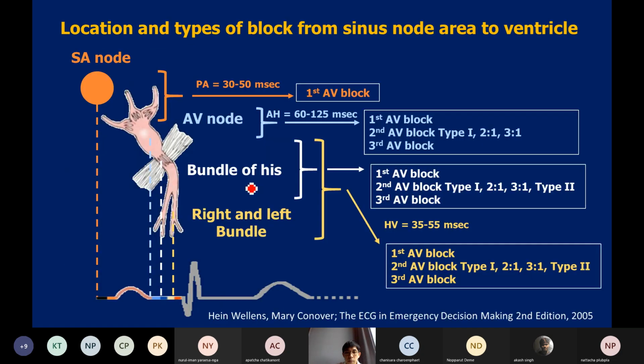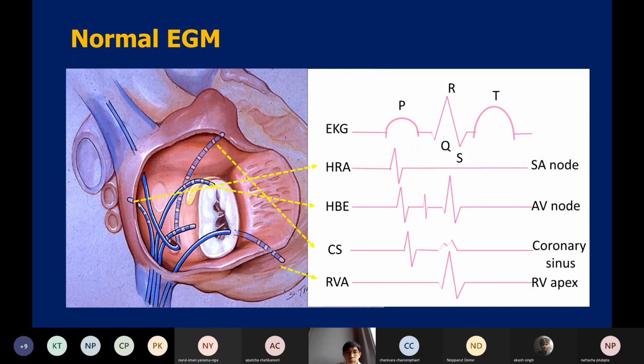As we spoke about before, we put the catheters into the high RA, the CS, the His area, and the RV, and we measure the AH interval and the HV interval to see which level of block it is.